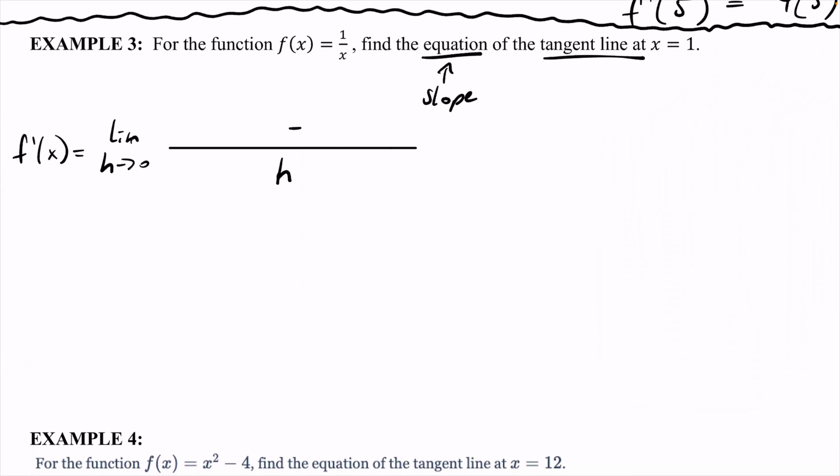That's 1 over x. The f of x plus h goes on the other side. So what would we get for this guy? What would it look like? 1 over x plus h. 1 over x plus h, good. Because there's only one spot to plug it in, and it's at the bottom.